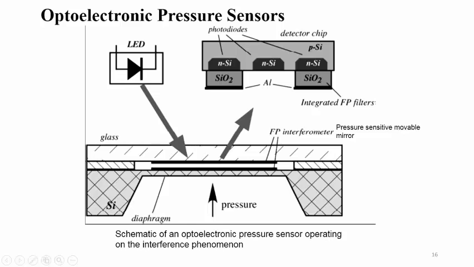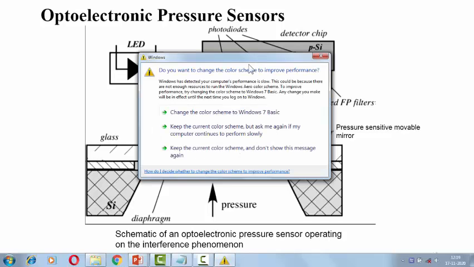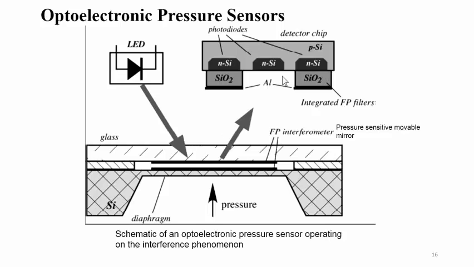This assembly works with the light emitting diode and photodetector. The light emitting diode is responsible for generating the photonic energy. This silicon diaphragm based assembly will detect the light energy from the LED, and the reflected light energy is again given to the photodiodes.